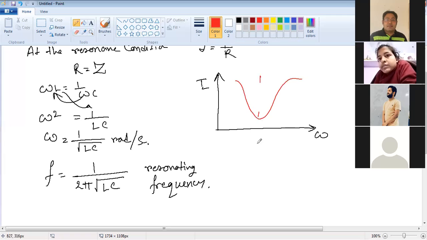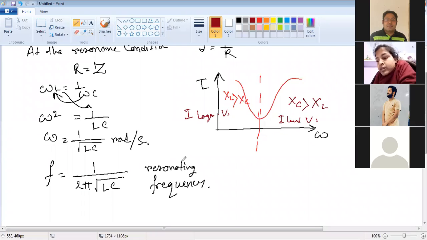So in this part, XL is greater than XC, and in this part, XC greater than XL. Okay, so in this part, I lags V, and in this part, I leads V.